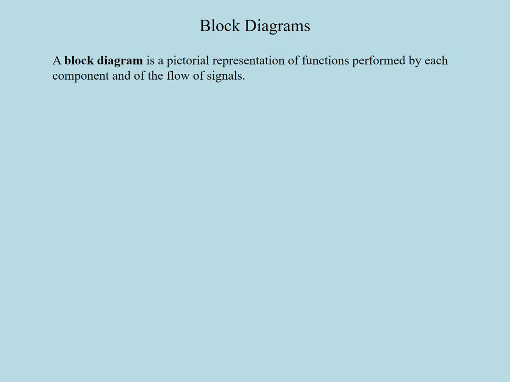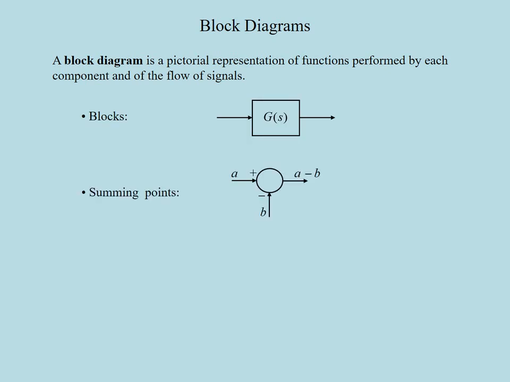In drawing block diagrams, we will need three sorts of symbols, namely blocks, summing points, and branch points. Blocks represent the input-output relationship of the components with their transfer functions. The input signal is shown by an incoming arrow, and the output signal is shown by an outgoing arrow.